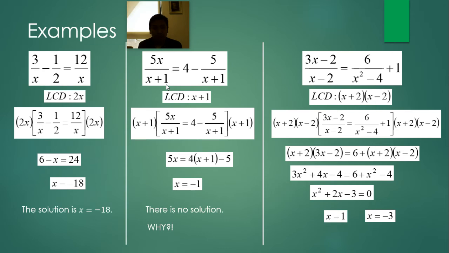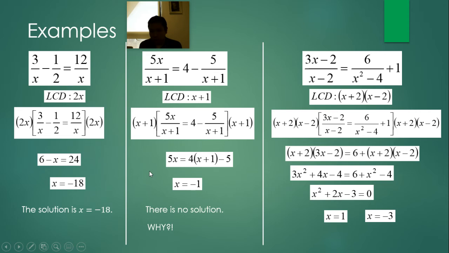Now, do we consider these as solutions? Yes. But why is the second one not considered a solution? The value for x is negative 1. There is no solution because what does negative 1 do to the denominator, to be more specific? Negative 1 plus 1 becomes 0.